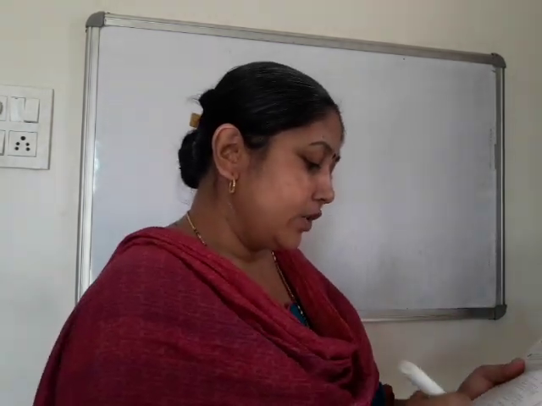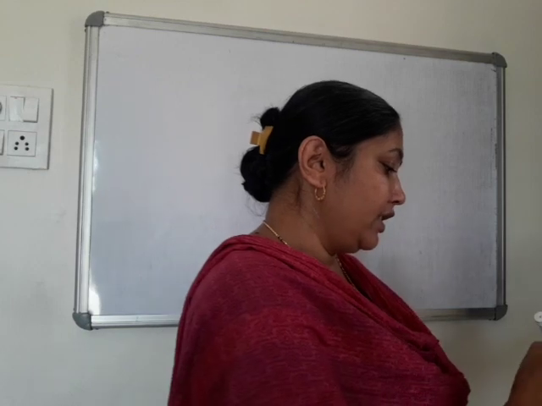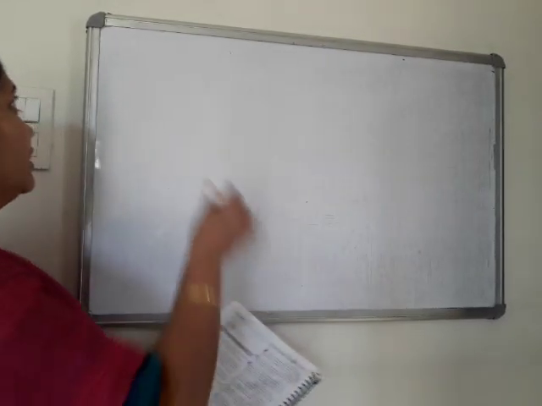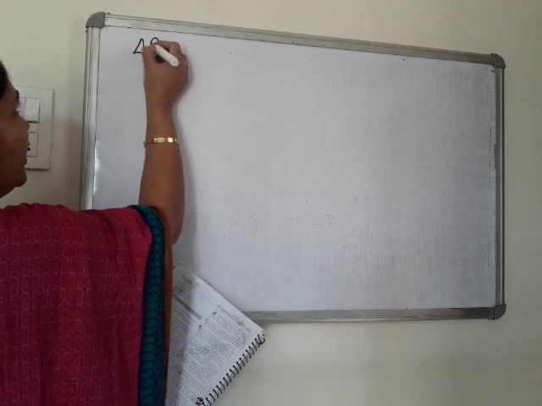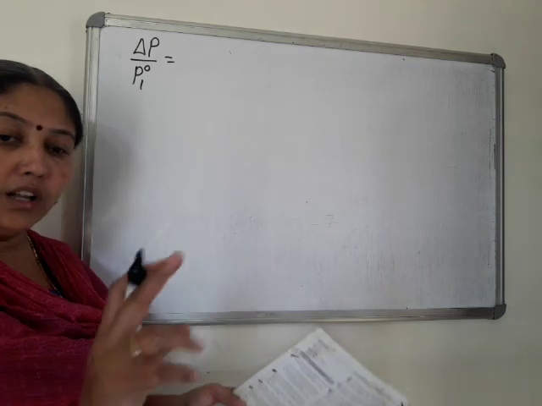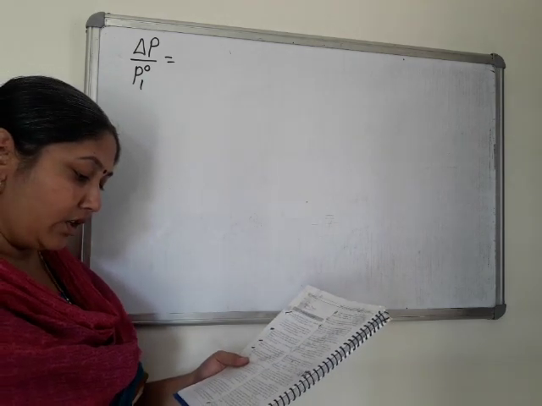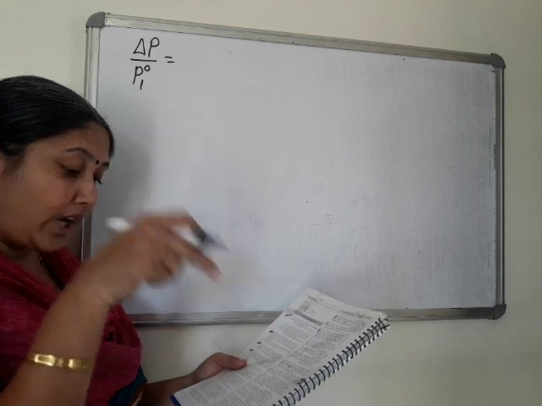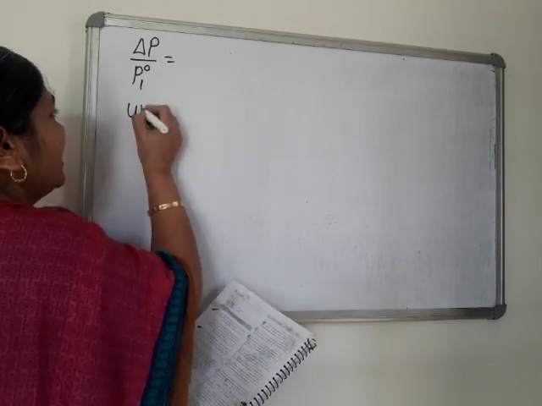Yes, read the question carefully. What is given? Relative lowering of vapor pressure. How do we denote relative lowering? Delta P upon P01. By dissolving 0.072 kg means this is W2.